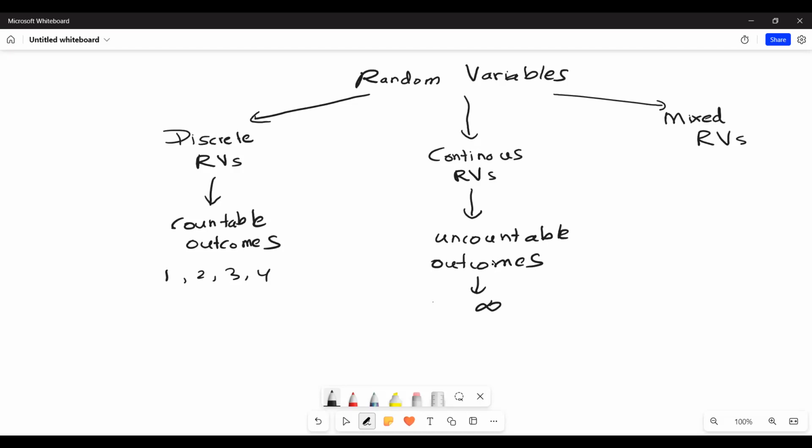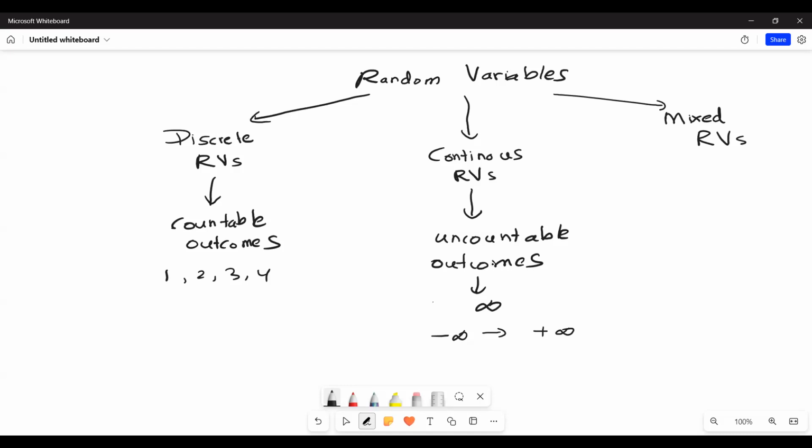The reason being the outcomes are from minus infinity to plus infinity, so the values in between can occur for this specific experiment. Any value between these ranges can happen.